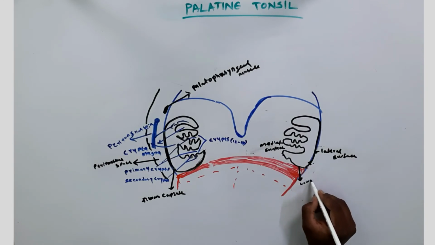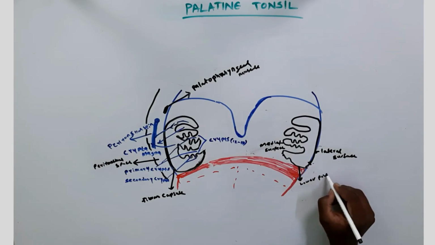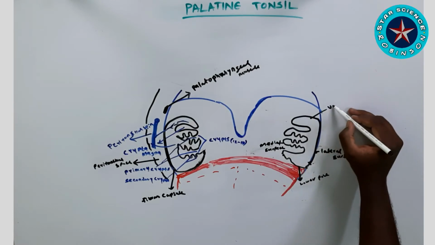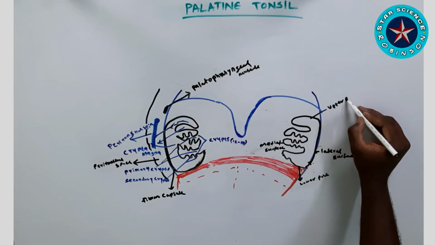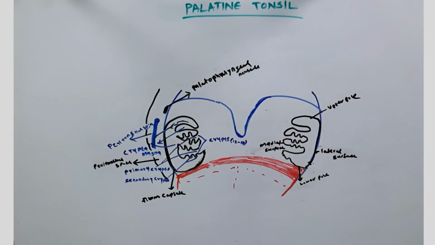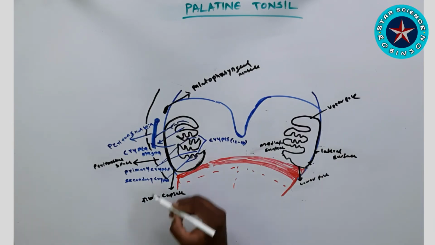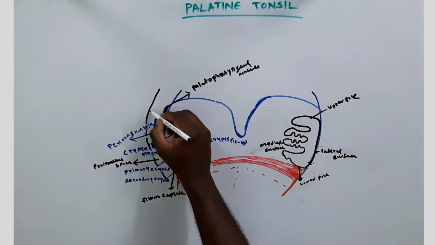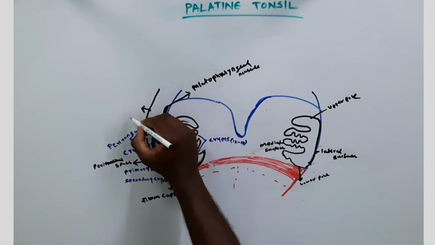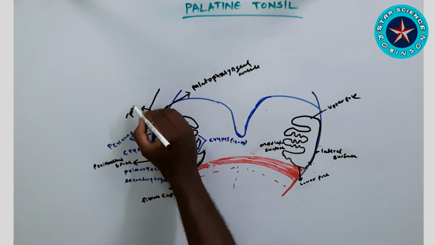One is down, called the lower pole. Up we can see the upper pole of the palatine tonsils. So once again we look into it: we have a lateral surface and a medial surface, and we have an upper pole and a lower pole. Now we can see it is the tonsillar bed.